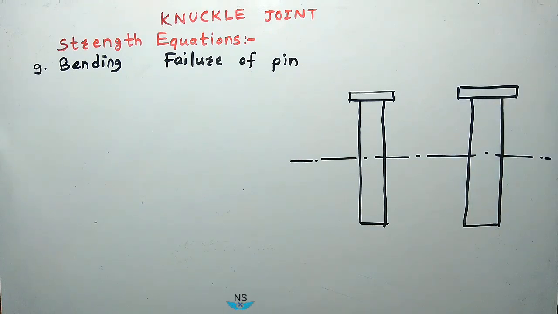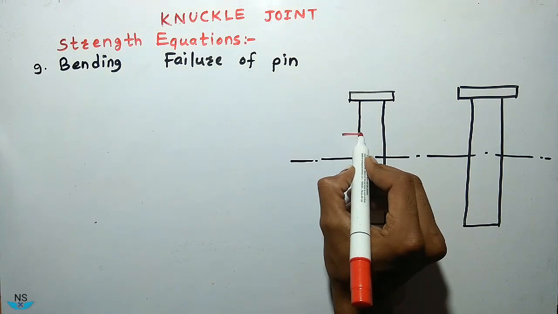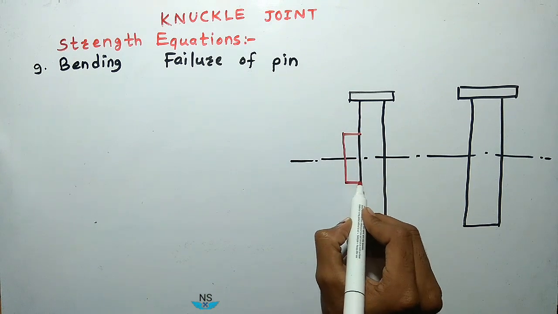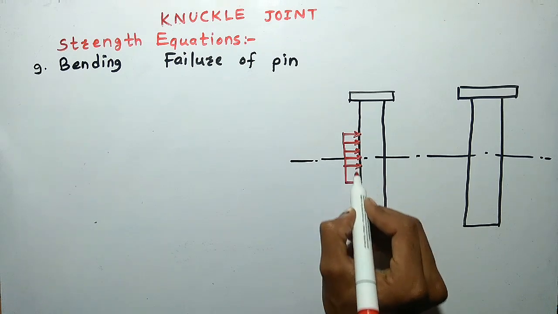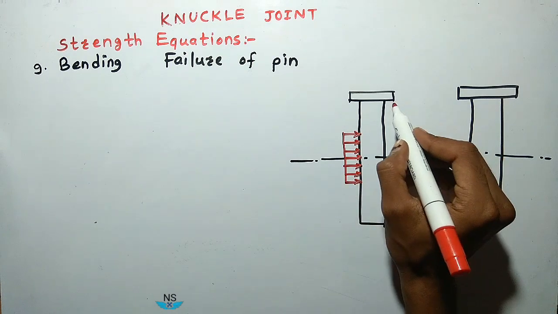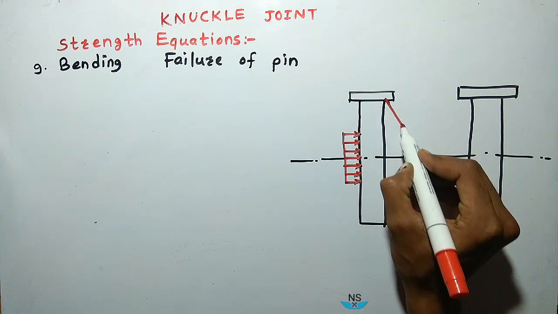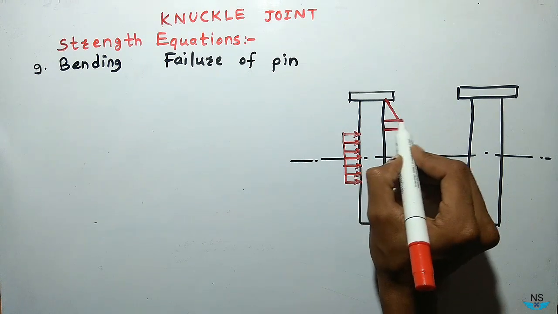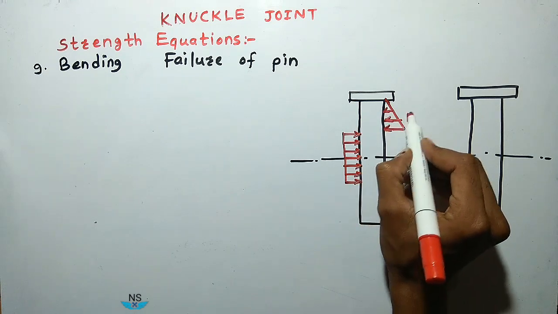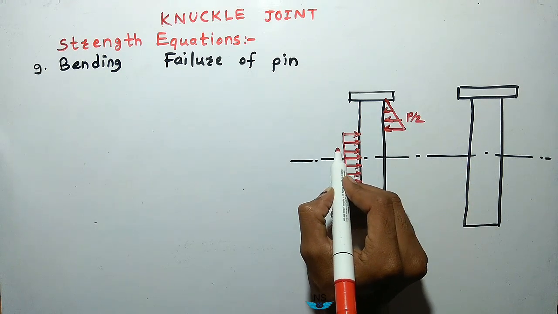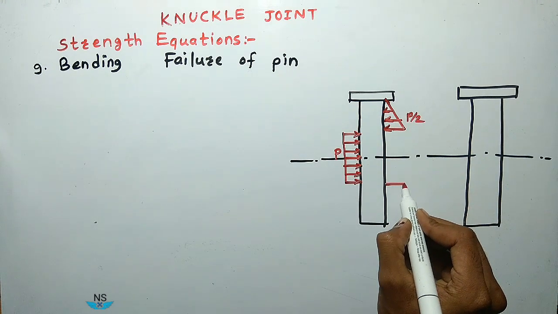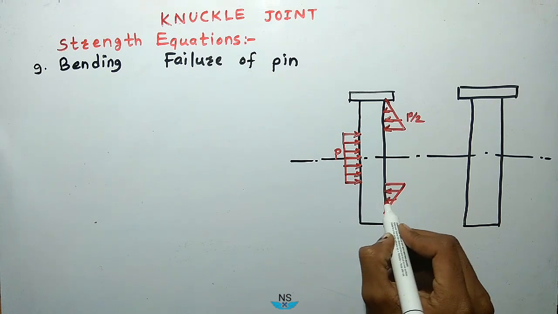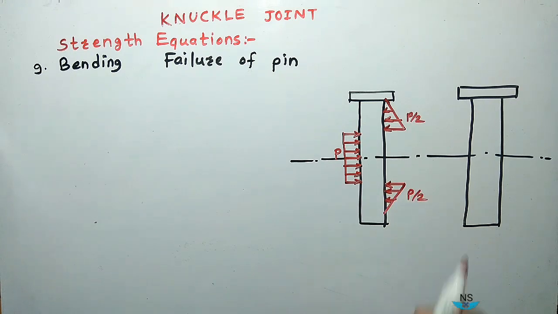Now from this side, we know that uniformly distributed load is acting. Now on this side UVL is acting, P by 2. Here is also force P, and on this side also UVL is acting, P by 2.